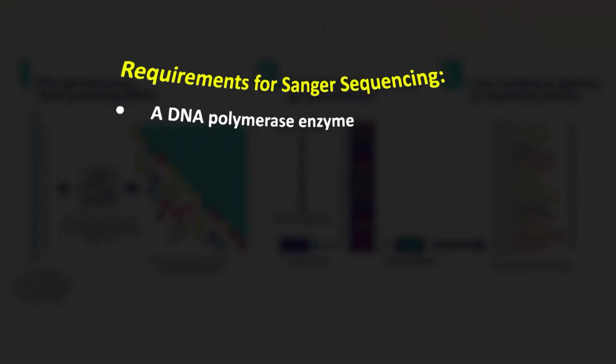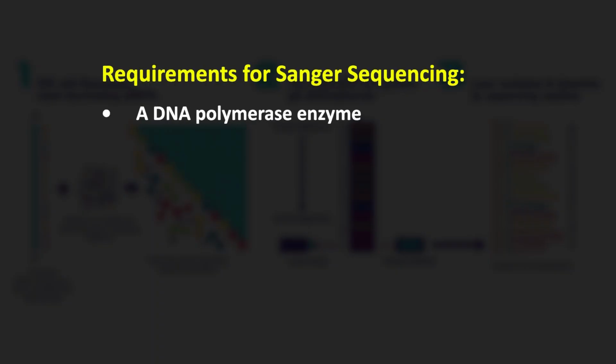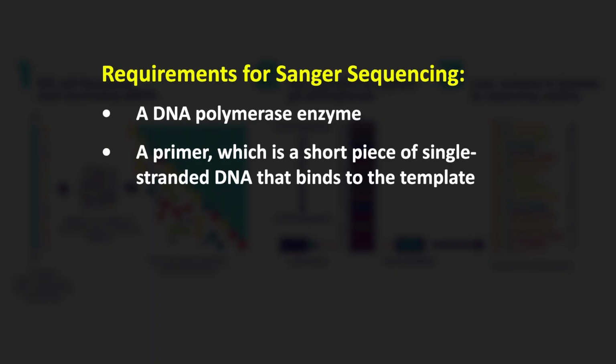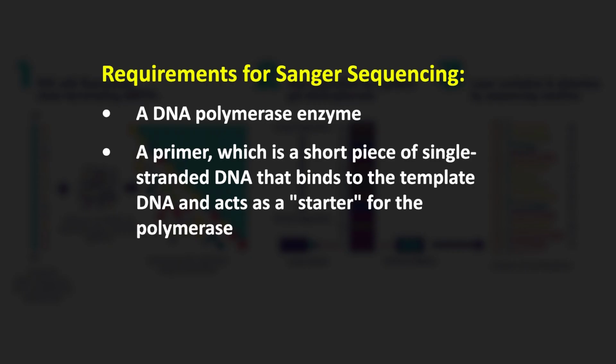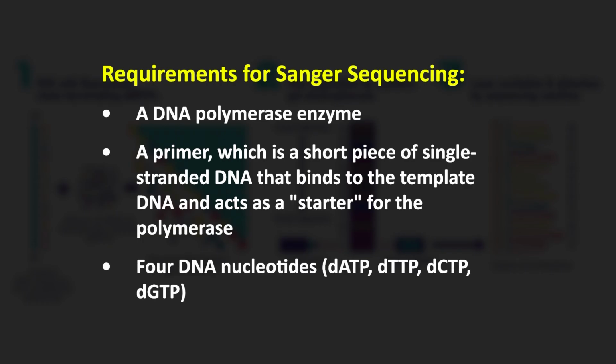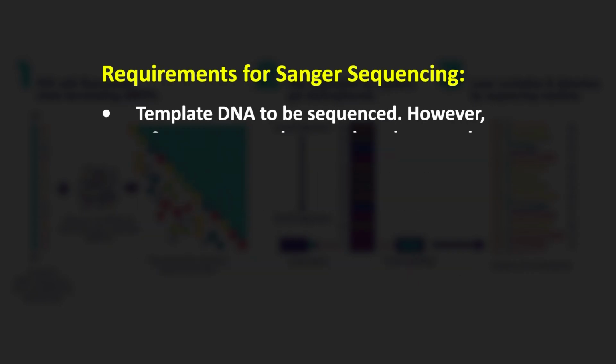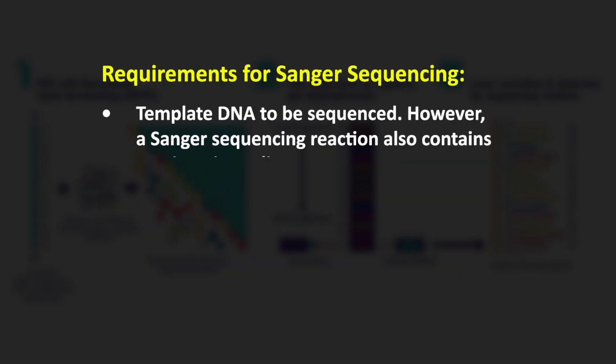Its ingredients are similar to those needed for DNA replication in an organism or for polymerase chain reaction, which copies DNA in vitro. They include a DNA polymerase enzyme, a primer, which is a short piece of single-stranded DNA that binds to the template DNA and acts as a starter for the polymerase, the 4 DNA nucleotides, that is dATP, dTTP, dCTP, and dGTP, and the template DNA to be sequenced.